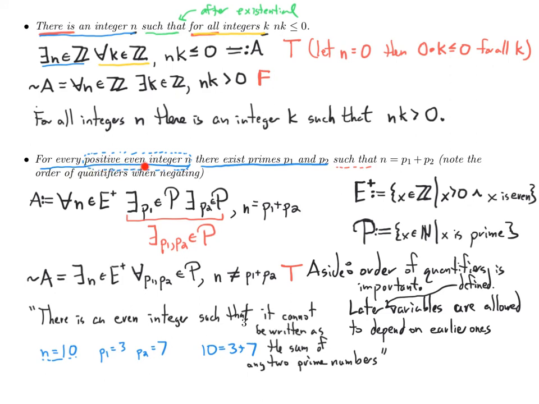If you change this expression to say that for every positive even integer, if I wrote instead that there was an extra condition that it's greater than 4, if we wrote that, then imagine we updated what A and the negation of A were to include that, then we don't know which is true yet, A or the negation of A. We don't know if you can write every positive even integer greater than 4 as the sum of two prime numbers. We just simply don't know. In fact, that's called Goldbach's Conjecture.